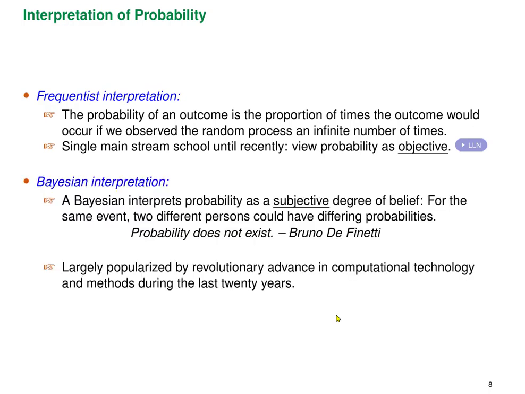A more contemporary perspective is the Bayesian interpretation, which views probability as a person's belief about the likelihood of an outcome. Thus, for the same event, 2 different persons could have different probability assessments. Thus, probability does not exist and is subjective. This latter approach of interpreting probability in fact laid the theoretical foundation for some of the revolutionary advances in computational statistics for the last 2 decades.